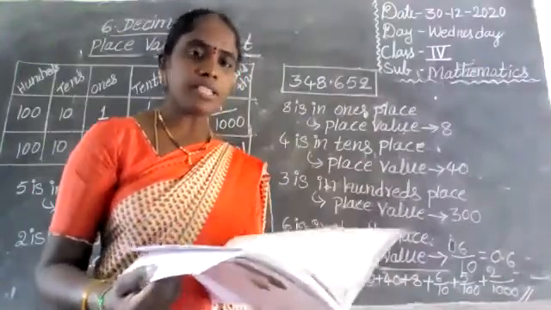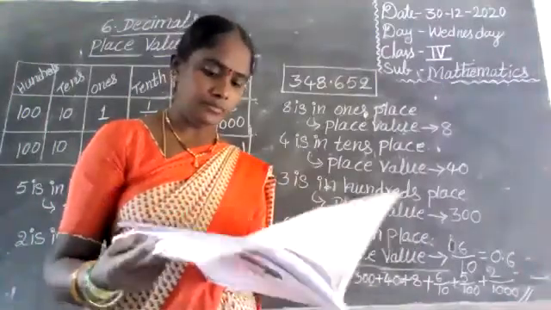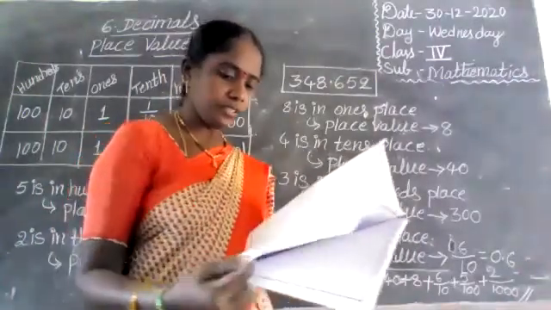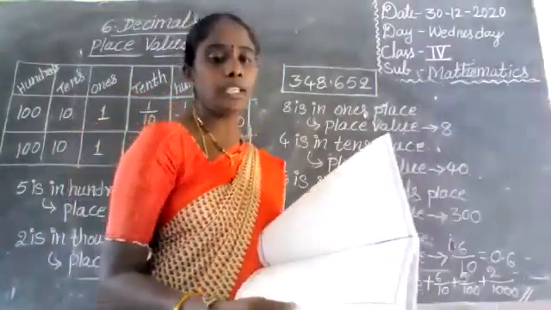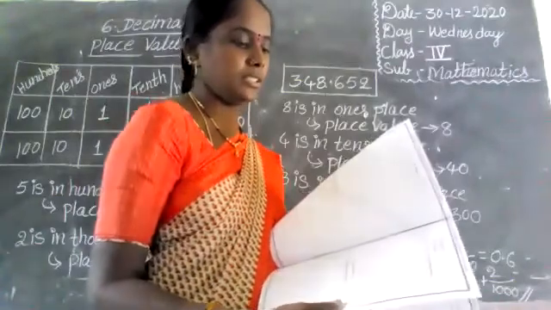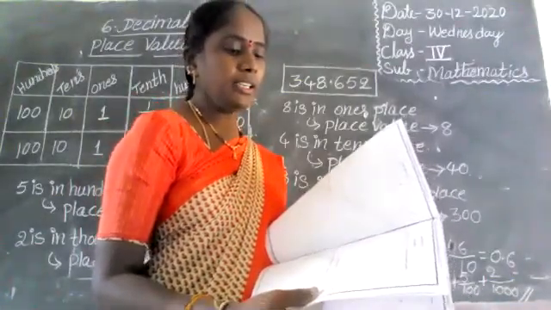Okay, once again I will explain, children. Day 1: only numbers and number names are given. First bit, revision: write the number names from 50 to 100.